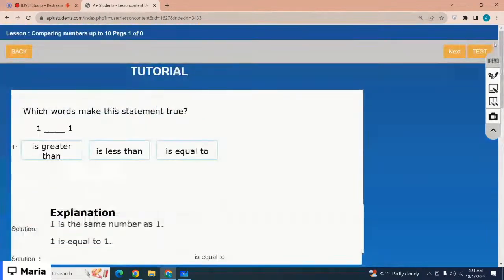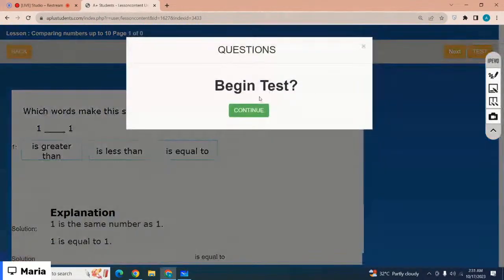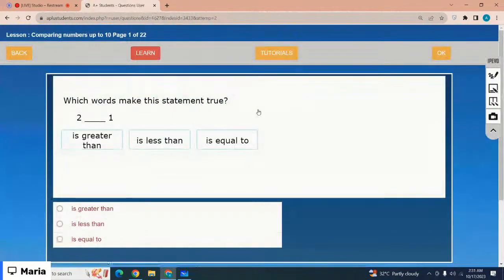Let's start with the practice questions. Okay. Which words make the statement true? 2 and 1. Which is the correct option? When you're counting, 1, 2, you have 1 before 2, right?